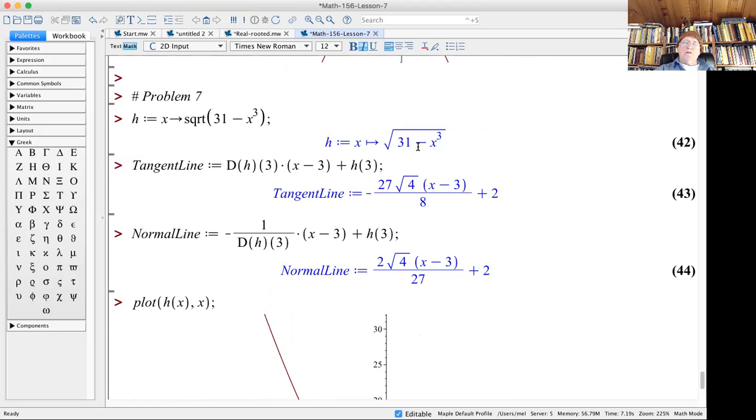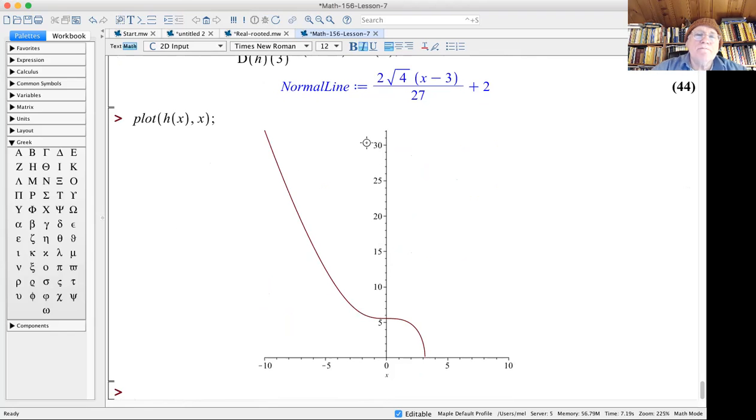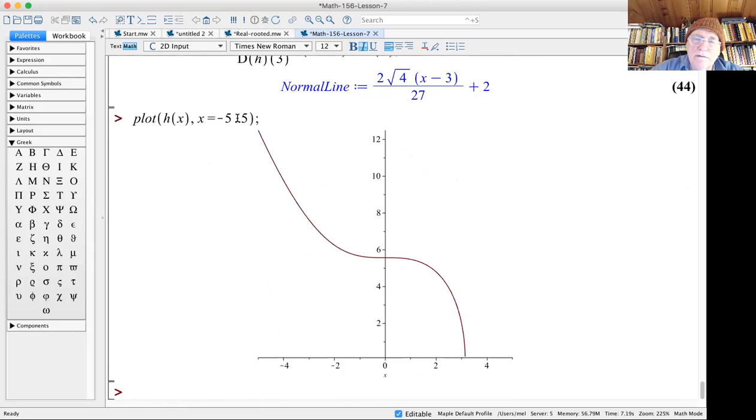That means x cubed is less than or equal to 31, or x is less than or equal to the cube root of 31. Now, let me draw it to scale.